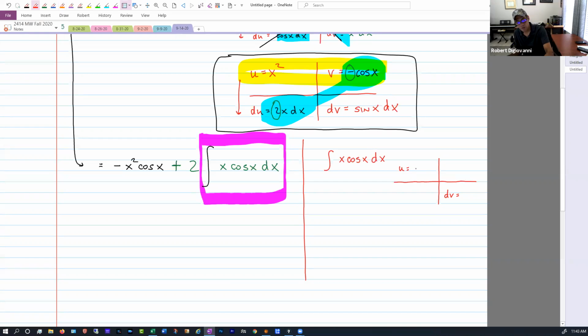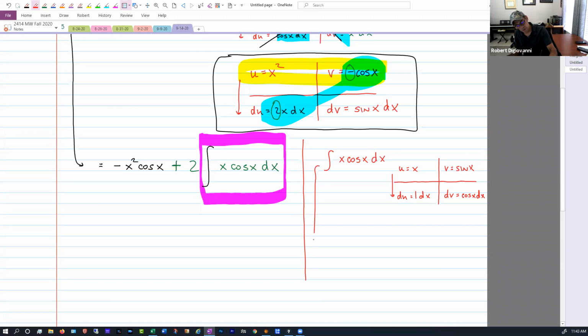This time I'm going to let u be what? x, right? And dv be cosine x dx. And then just fill out the table. So du will be 1 dx, and v will be sine x.